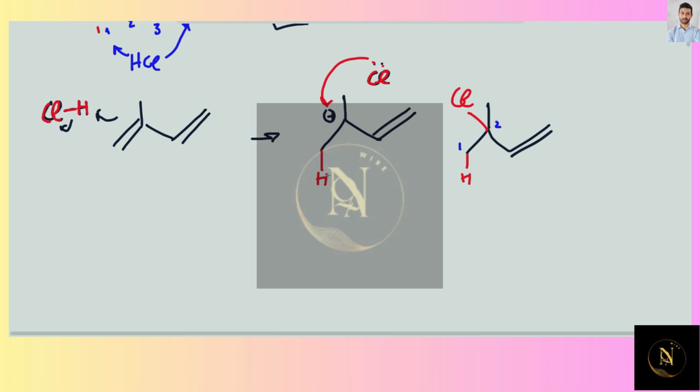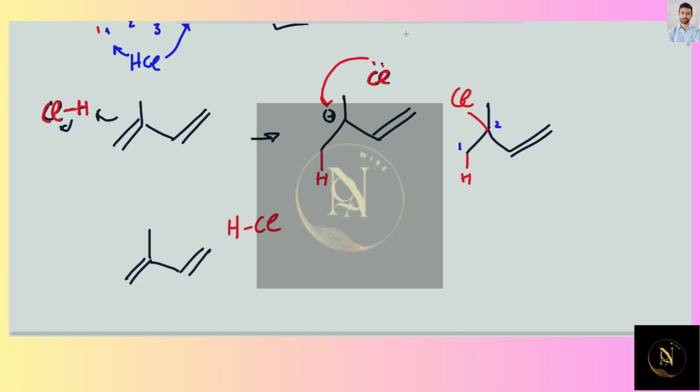Okay, now let's look at the example of 1,4 addition. With the same molecule, we'll do it again with HCl. So this will be more likely. I'm going to show this happening on the other side, just because it makes a little more sense.